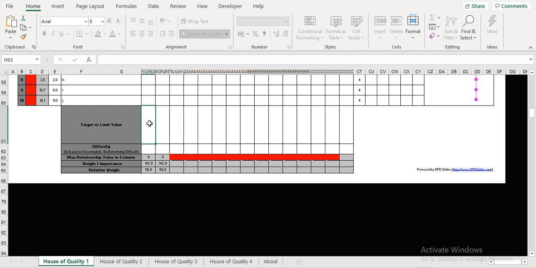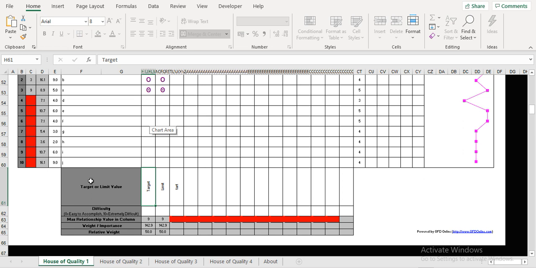Target, limit, something like that. Otherwise you can give numerical values also, need not worry about what kind of value should be given. You can give 0 to 10, or you can give target or limit. As it is mentioned here, you can use target or limit. Otherwise if you want to include 0 to 1, you can include.